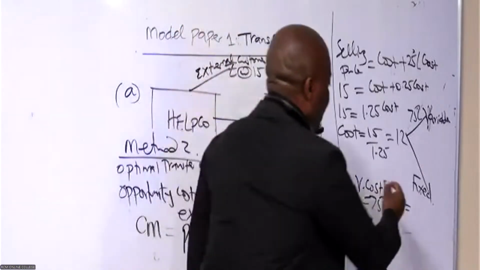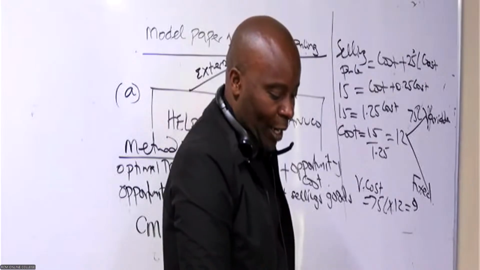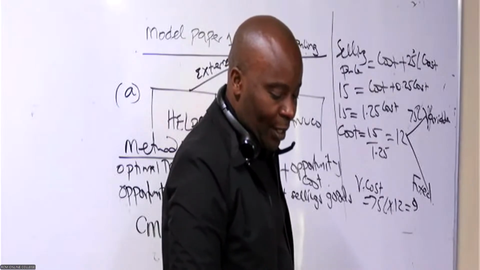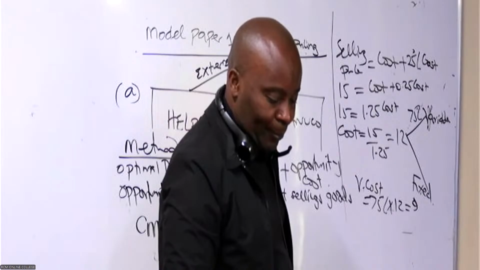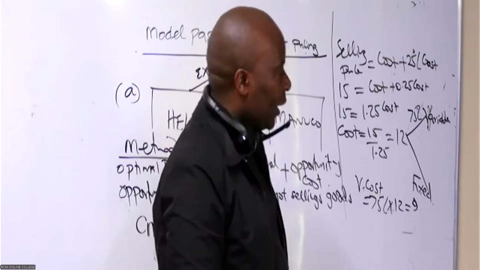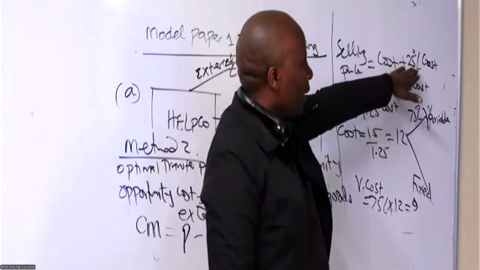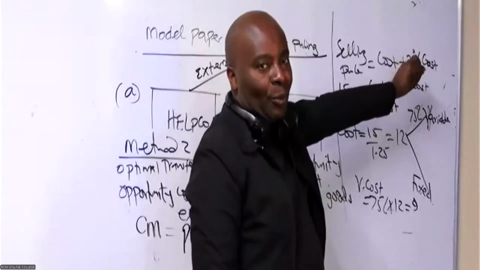9. Somebody is asking why 1.25 and not 0.25? Selling price is cost plus the profit, and the profit is 25% of cost, your 0.25.